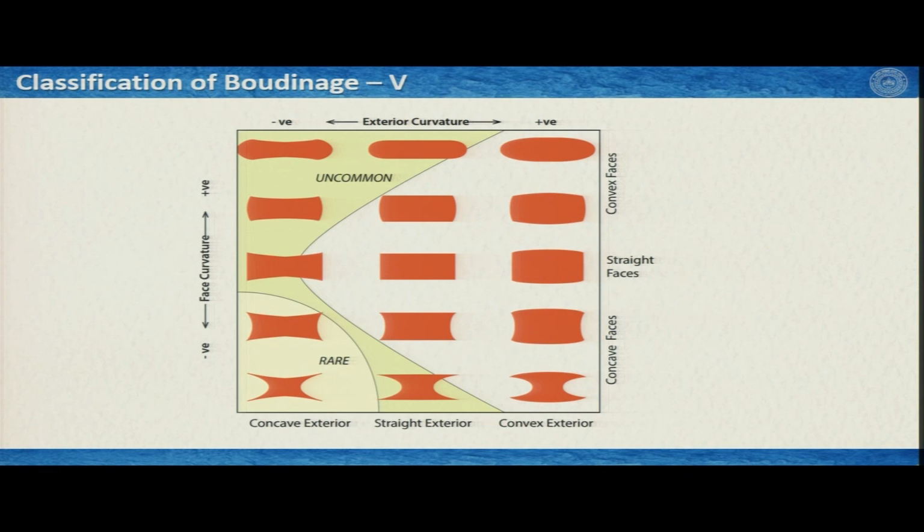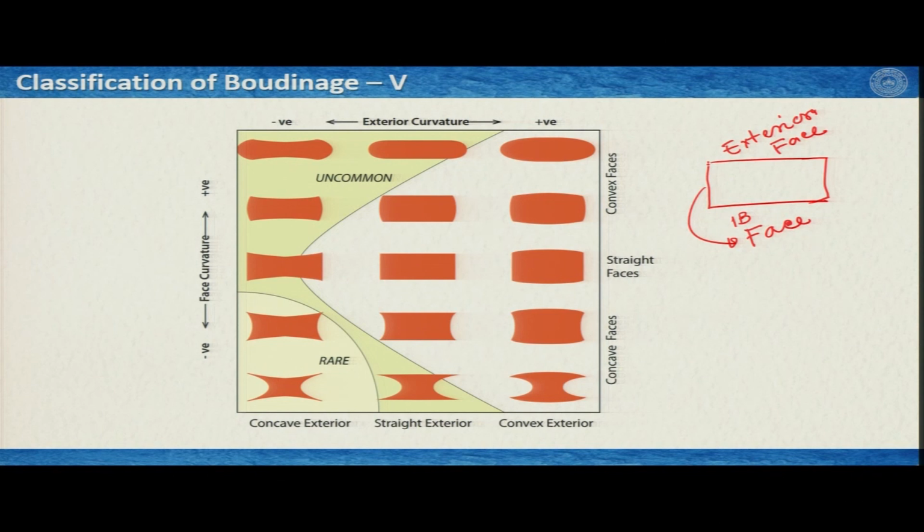So, this is another one that you can have, the face. What we define here is that if I have a Boudin like this, then this is known as the exterior face and this is known as the intra-Boudinage face only, okay, or you can call it the intra-Boudinage face.